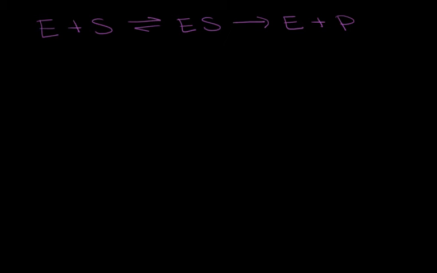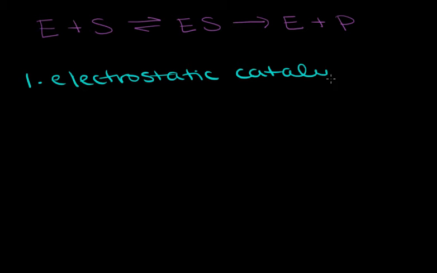Generally, number 1, something called electrostatic catalysis. So what this is, the enzyme has to have some pocket in it that stabilizes the transition state. And you don't want to form a covalent bond with the transition state because it has to make the product to release it.